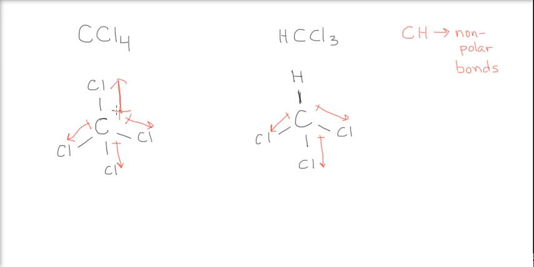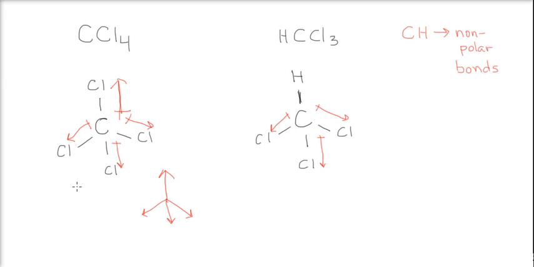So now here in the carbon tetrachloride case, if we just focus on the arrows and we just draw the arrows without any atoms present, we have one up arrow and 3 arrows that are pointing this way in a triangular fashion. Now, it may not look like it, but because the carbon tetrachloride molecule is symmetrical, all these vectors or all these arrows will actually cancel each other out.